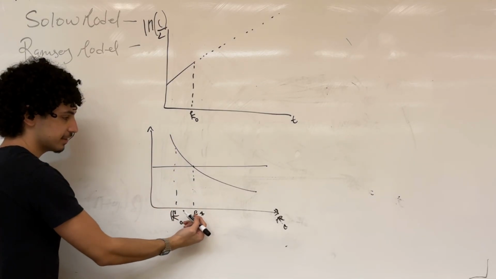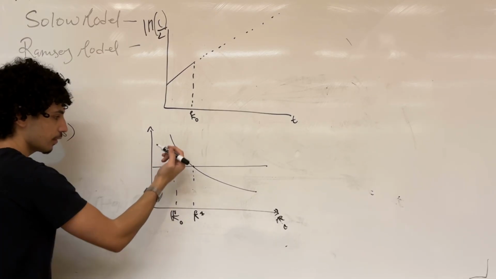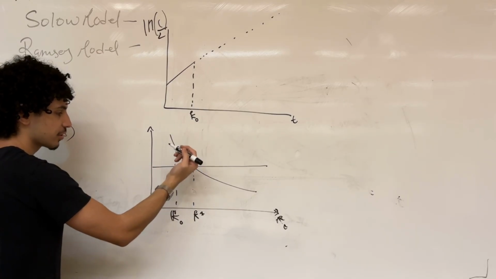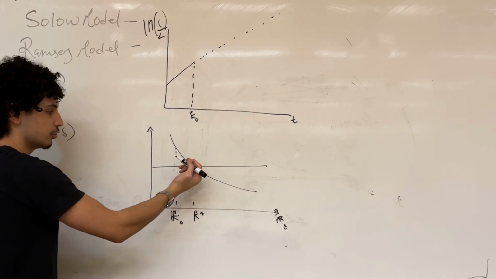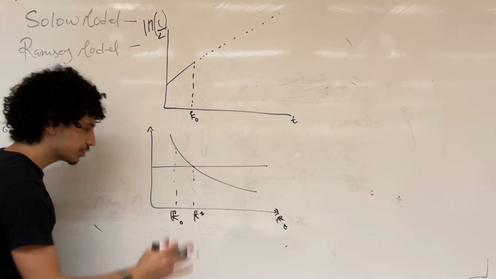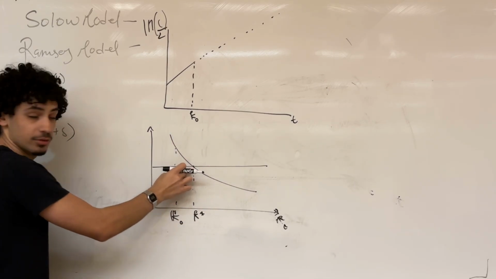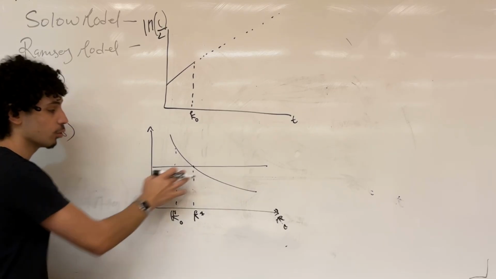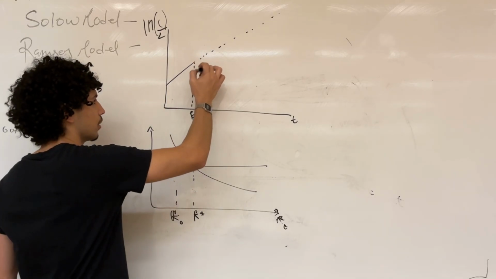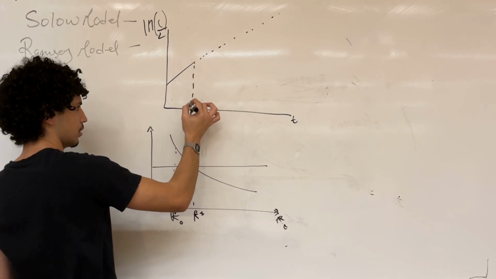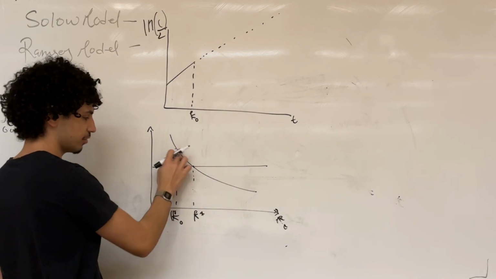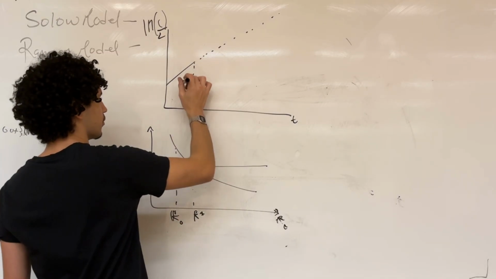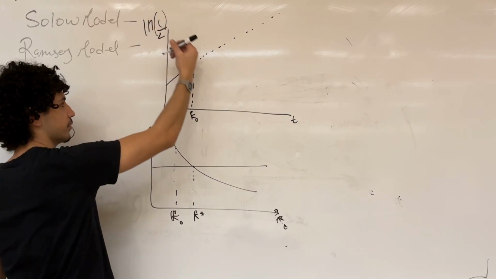Now, getting to the steady state, we decrease consumption to reach the capital goal, basically. So consumption has to decrease. So here's consumption over labor, right?